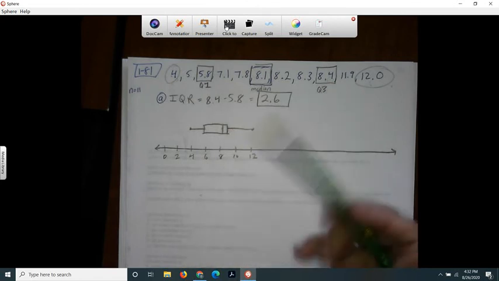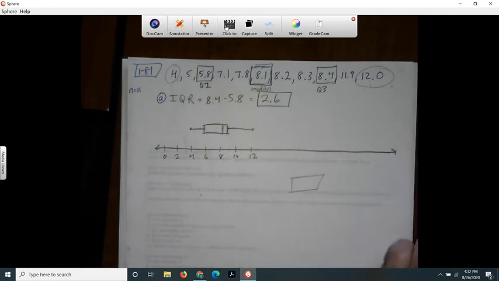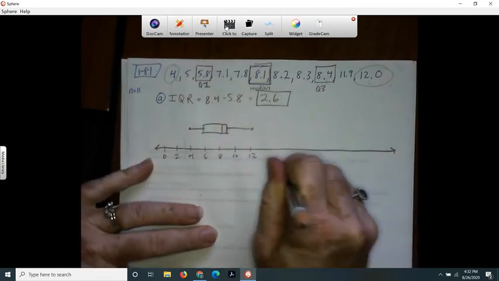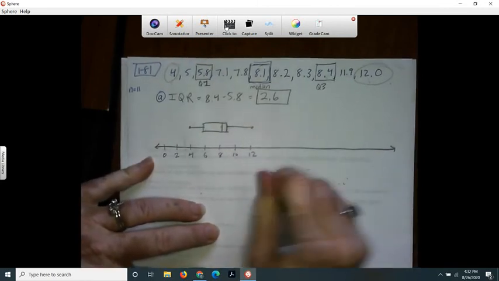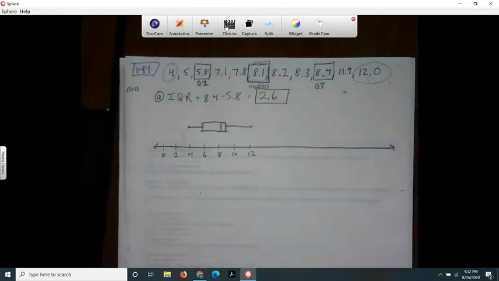Okay, so don't just give me a picture that looks like a box. I need to be able to line them up and tell that you actually made a genuine box and you didn't just look at the picture in your book or something. So make a box plot of the data, and that's all. I guess that's all they wanted.